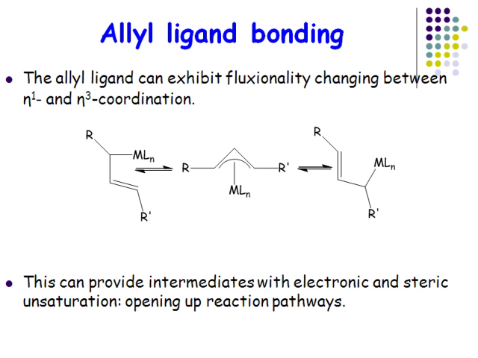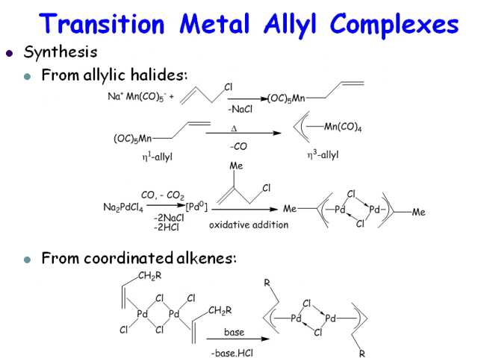We also have the potential for freeing up steric unsaturation. So if in that example I showed you on the previous slide, so if we take this example here, what we have here is a situation where what you start off with is an eta-1 bonded allyl ligand. And you may say to yourself, well, what I'd like to do is exchange a carbon monoxide ligand for something else in a convenient fashion.